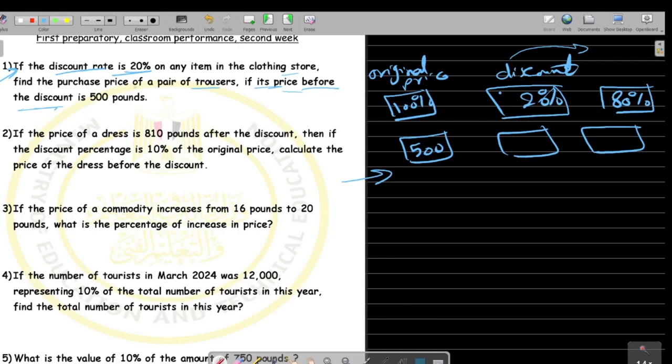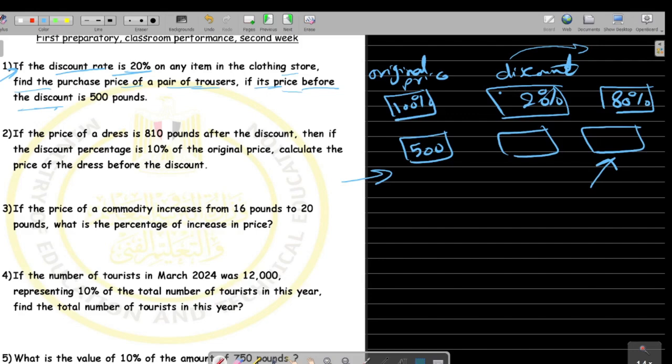He wants to know the purchase price of a pair of trousers. So its price after discount will be what? Or he will pay how much money?